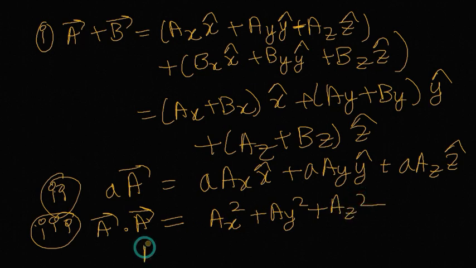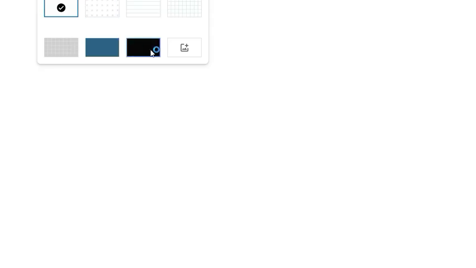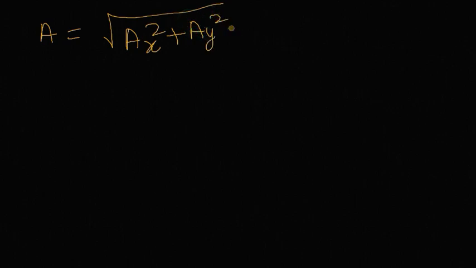Now the magnitude of a vector is root under Ax square plus Ay square plus Az square.